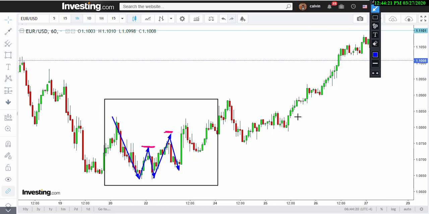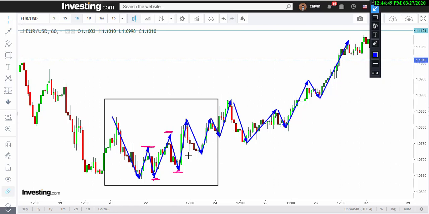And then it retraces back to here, and then we start to see a bullish move to the upside. So you see that concept. This concept is very simple, but it's very difficult if you don't backtest it. You just have to backtest it to see this kind of thing.